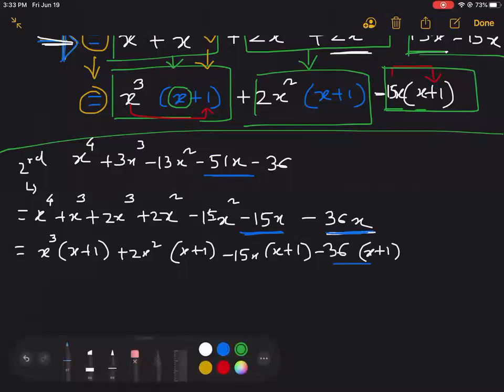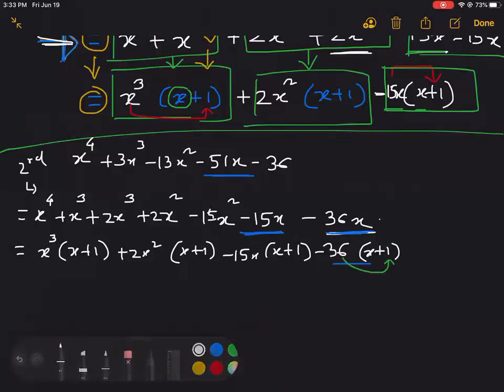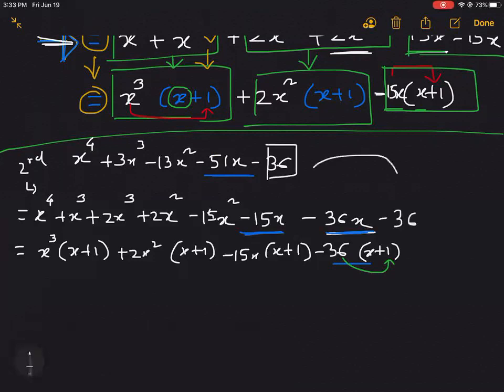What will happen if we multiply negative 36 by 1? That will be negative 36, right? And finally, this is what we had initially. So we don't need to do anything else. This is definitely the pair for this. So that's it. We are done with setting up the pairs.